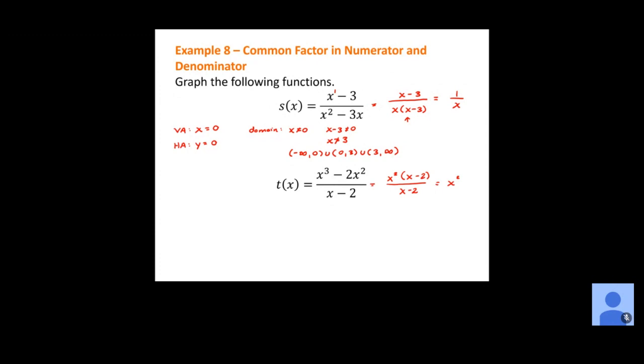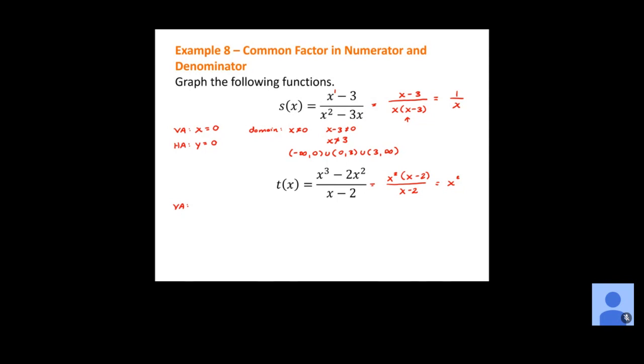All right, now let's talk about our vertical asymptotes. If we look at this, remember we look at the final answer this time. What vertical asymptotes are we going to have? Okay.